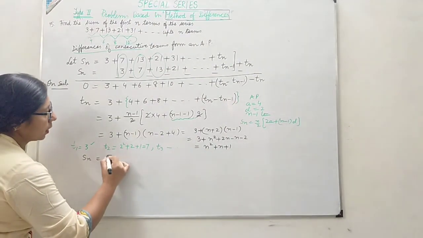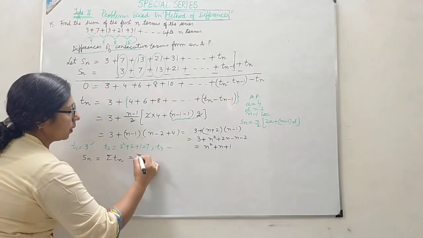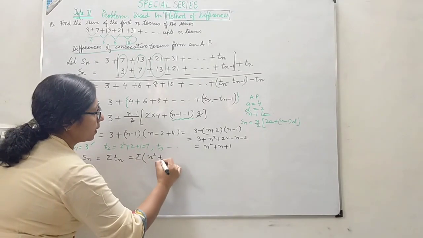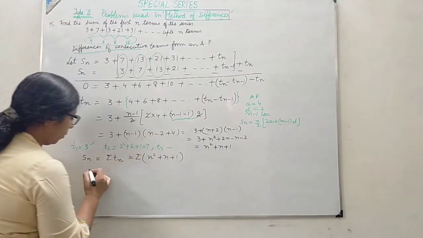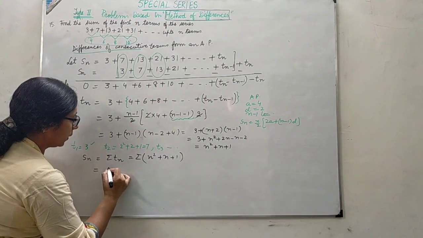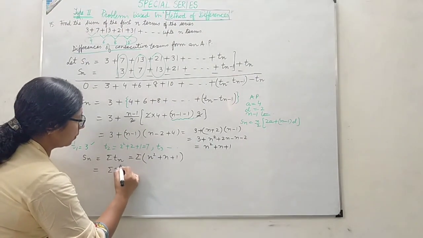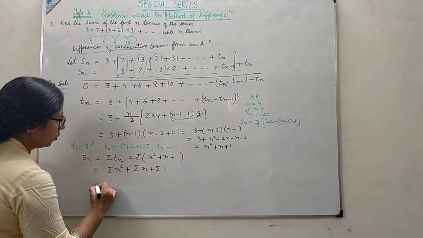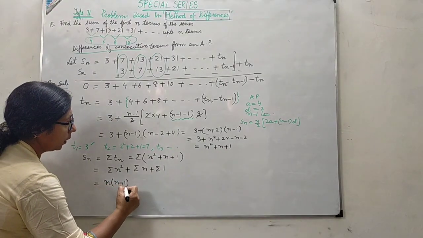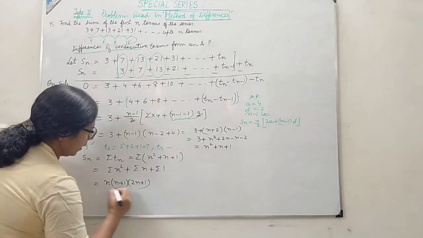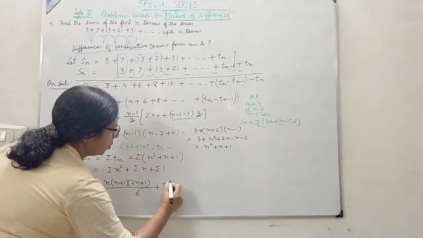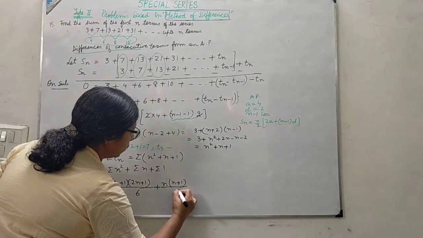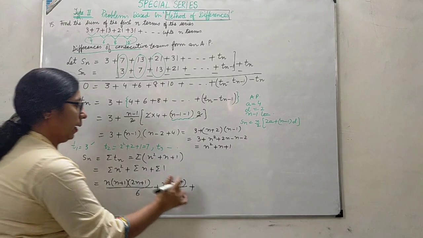Now Sn is your sigma Tn, and that is sigma over n square plus n plus 1. I will operate sigma over the terms with the property sigma n square plus sigma n plus sigma 1. Now this is your n plus 1 into 2n plus 1 by 6 plus n into n plus 1 by 2, and sigma 1 is your n.